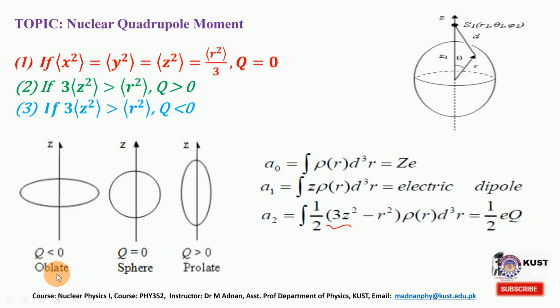Now, so we have oblate and prolate shapes once we have these two situations, that is, some deviation from the spherical symmetry, so it gives rise to this non-zero quadrupole moment. In the first case you have negative, and in the second we have a positive quadrupole moment. So these are the limits one can discuss based on this quadrupole moment expression that we have taken from the electromagnetic theory.